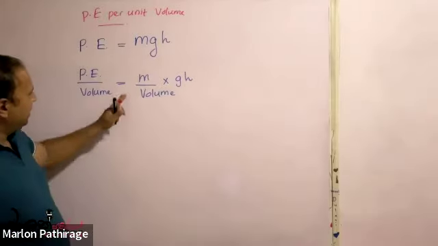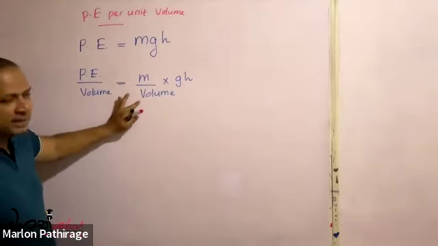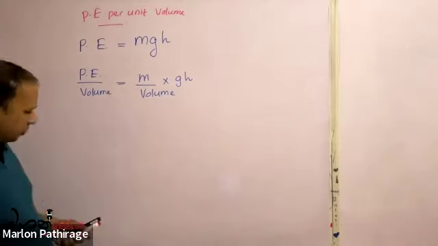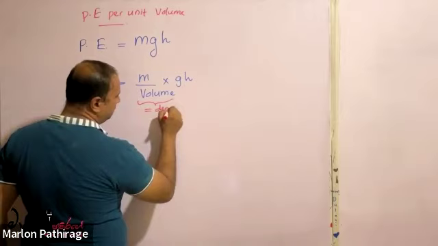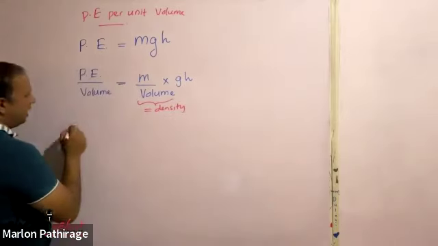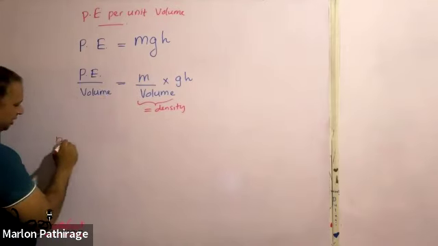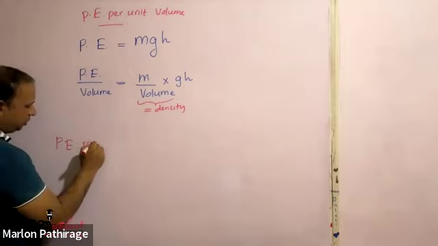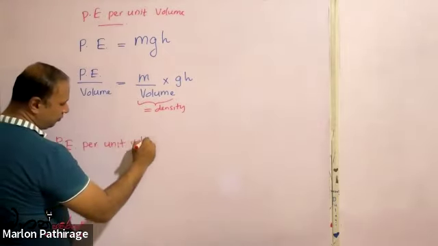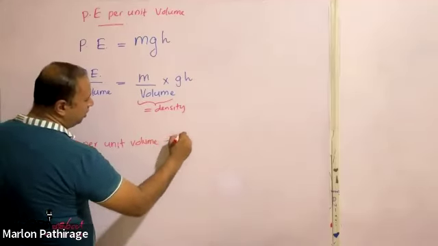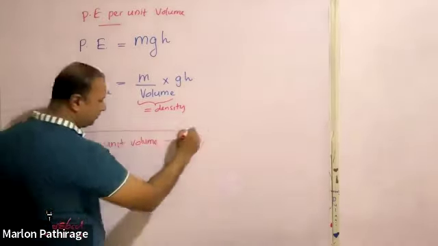Again, mass over volume is density, and density is rho. Therefore, potential energy per unit volume is equal to rho gh.